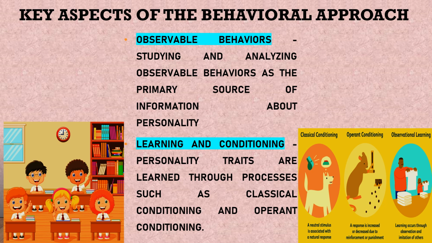For example, classical conditioning: a dog salivating when it hears a bell that has been repeatedly paired with the presentation of food. Then operant conditioning: a student receiving praise and a high grade after studying and performing well on a test, leading to increased motivation to study in the future.